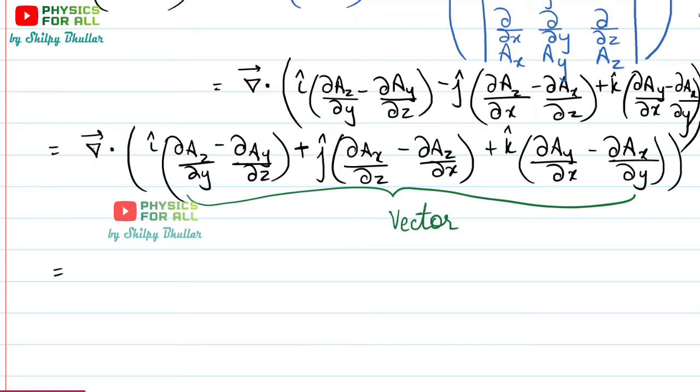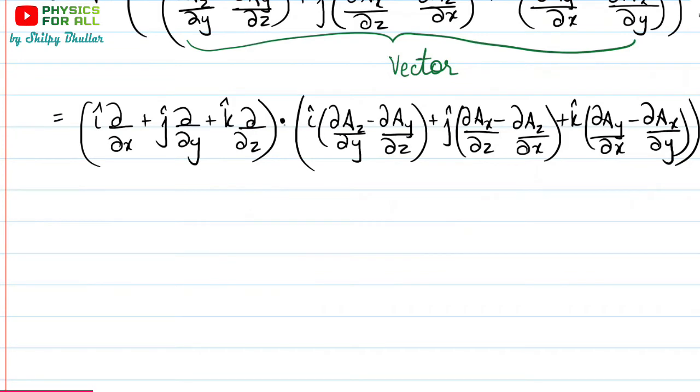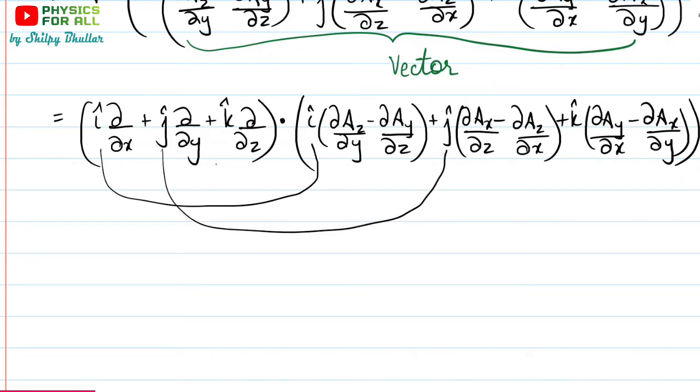We can write down the expression of del, which is this. We know our del operator, because ultimately it is going to have a dot product with this final result. Now you know in a dot product, i cap always interacts with i cap, j cap always interacts with j cap, and k cap always interacts with k cap.